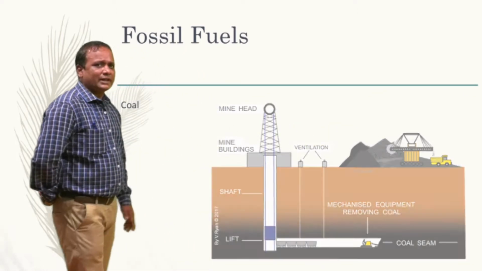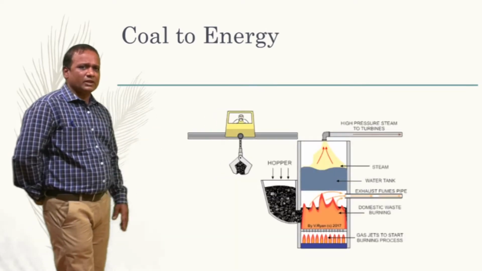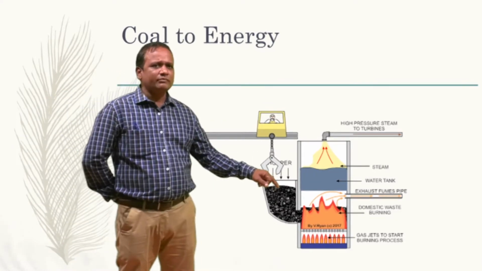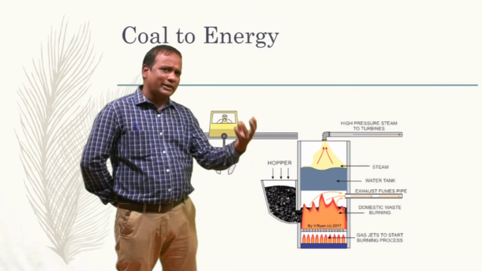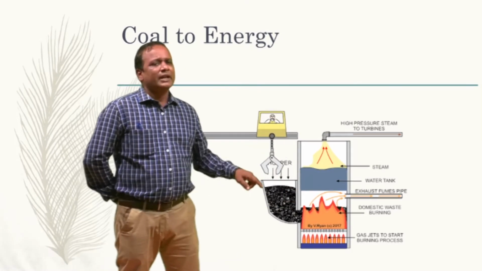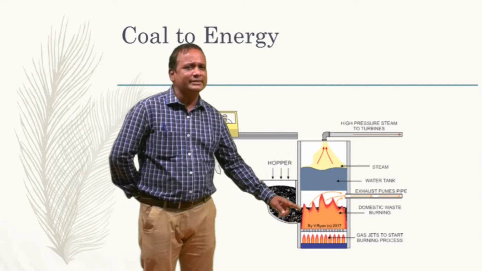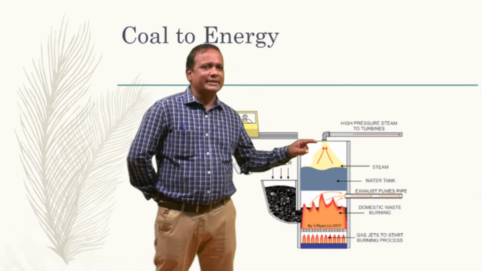Now let us understand in another way how this coal is converted into energy. For that I will quote this example. The coal is added into a hopper, where the coal is stored in order to be processed further. From this hopper, the coal is passed towards the boiler. Inside this boiler, this is the furnace section, and this is the water section.